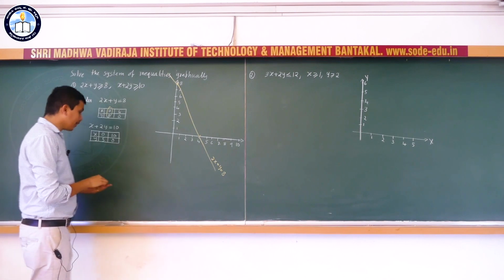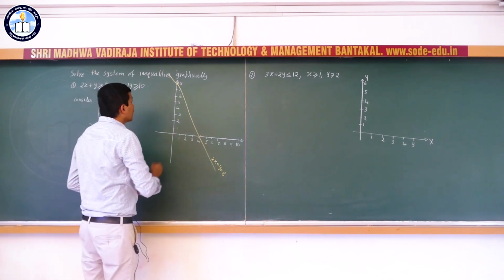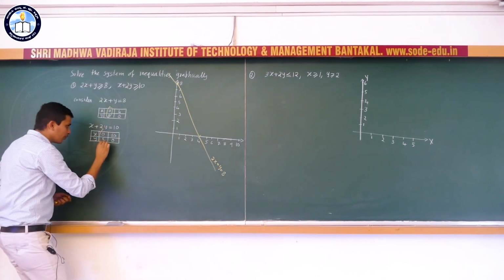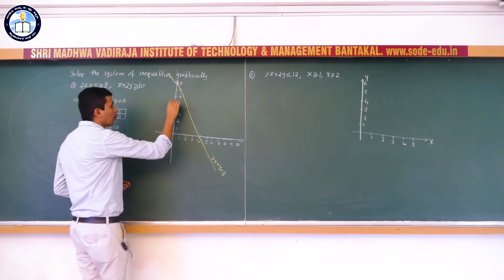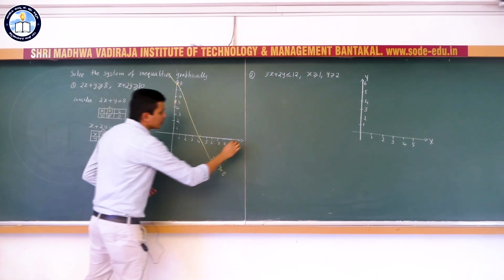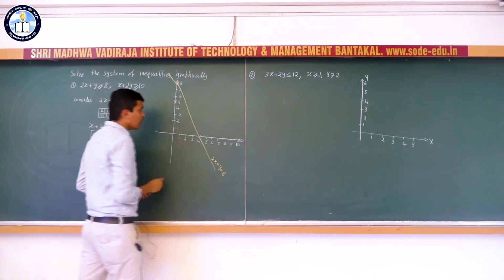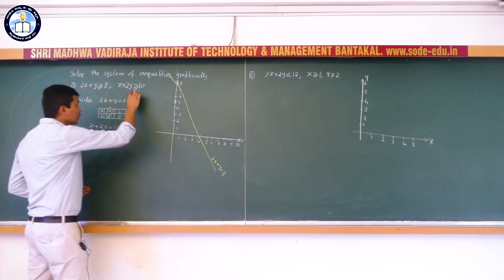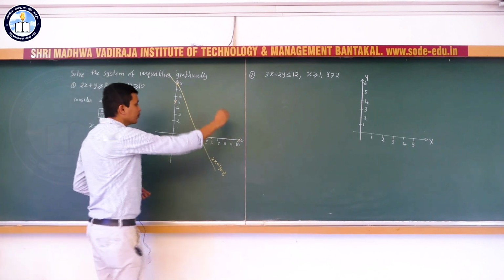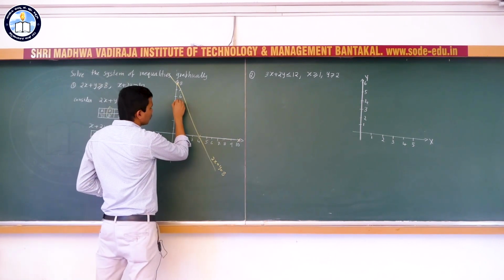So while drawing the graph, here it comes 0,5 on the y axis, and 10,0 on the x axis here. I need to join those two points, once again a full line I need to draw, right?